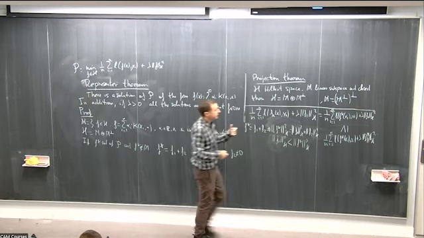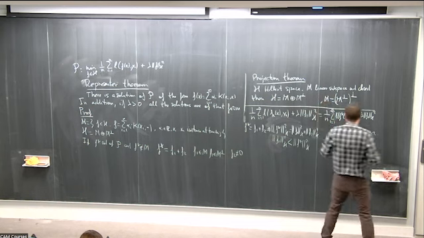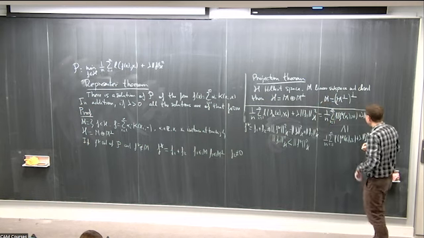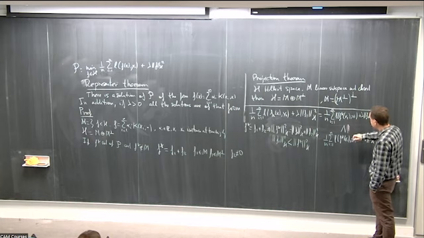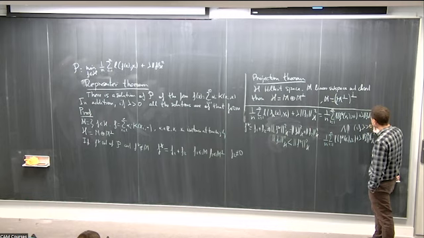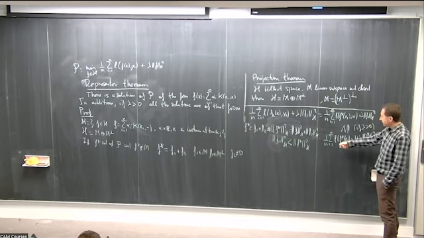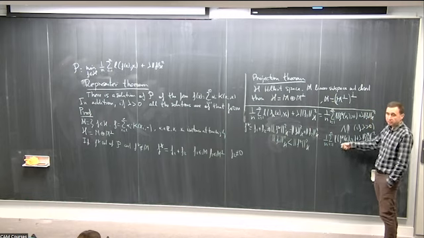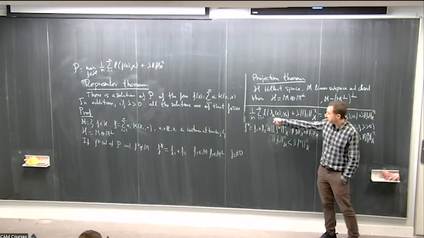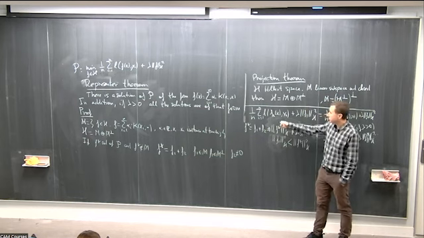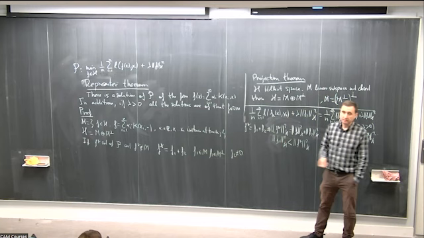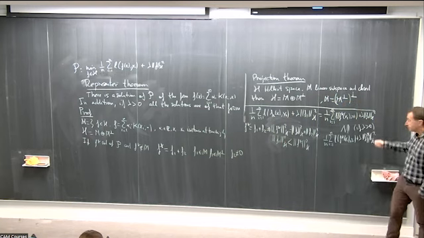And if lambda is strictly bigger than 0, this inequality is strict. If lambda is bigger than 0, it's not possible to have a solution that is not in M, because for every function that is not in M, we can find a function in M that has a strictly smaller value.